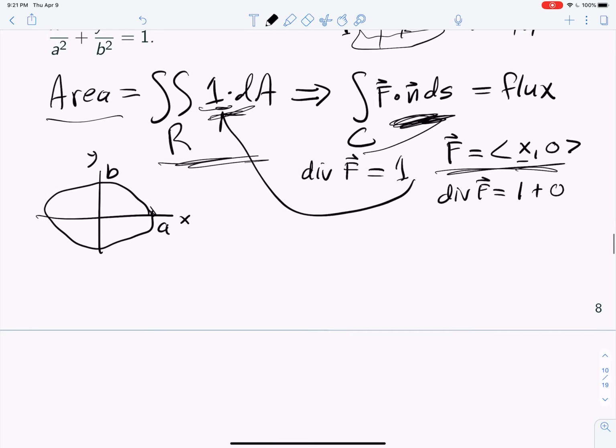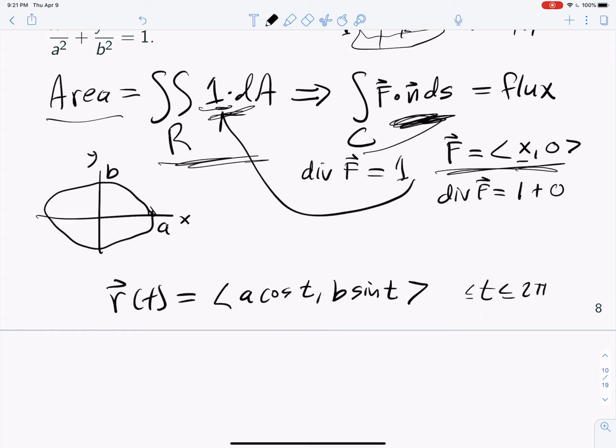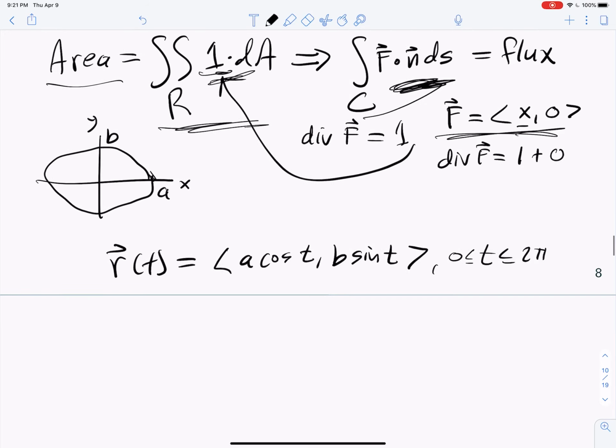So how do you actually work this out? Well, now we have F. We need our r of t that's going to parameterize that ellipse. Well, what we'll do is we'll pick a cosine of t, b sine of t. That will give us an ellipse, at least for t's between 0 and 2 pi. And now we're just going to end up with a line integral there.